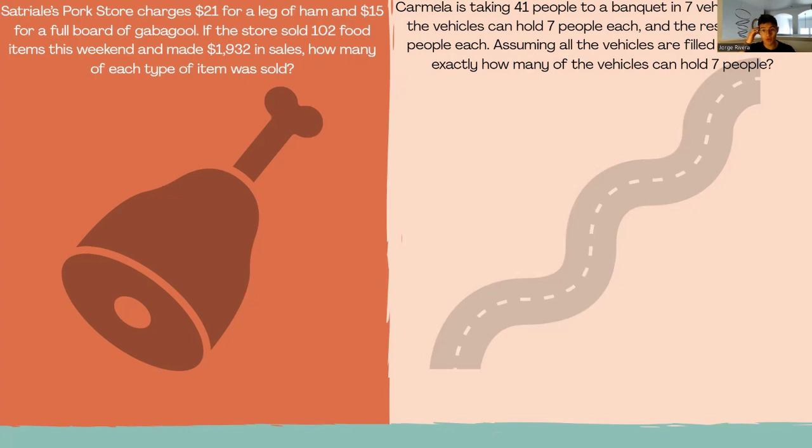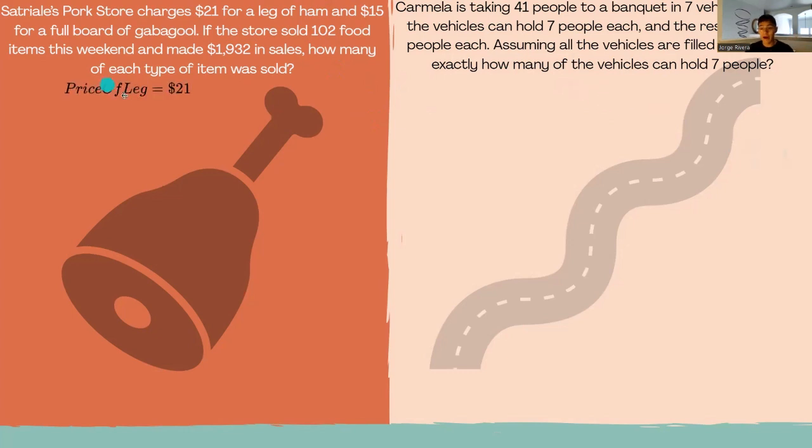But using this information, we can determine how many of each one of them were sold. Because if we're trying to take inventory, we don't know, we can just use this.